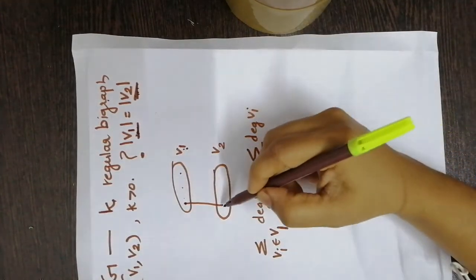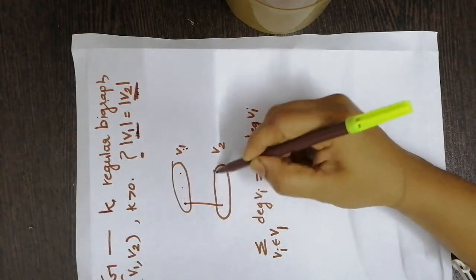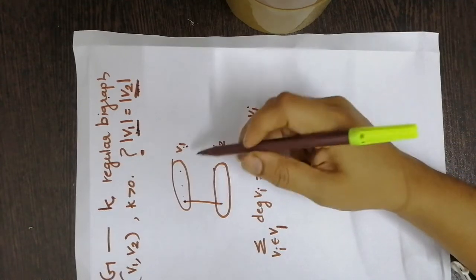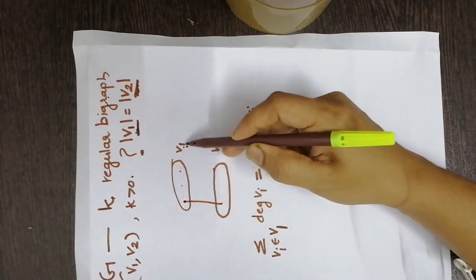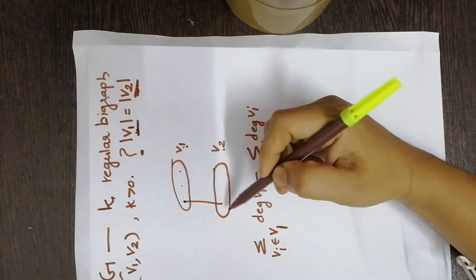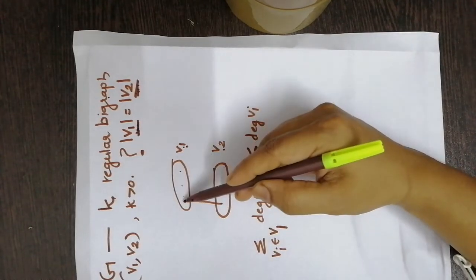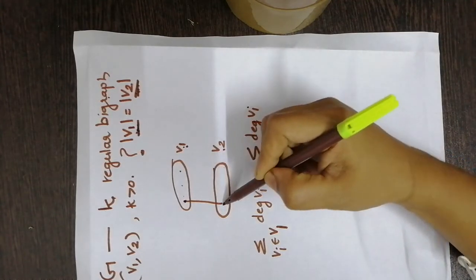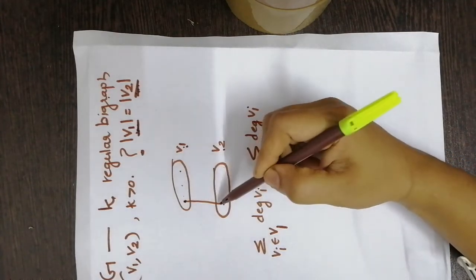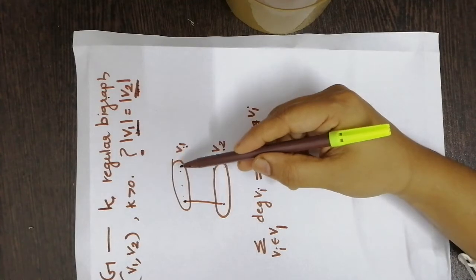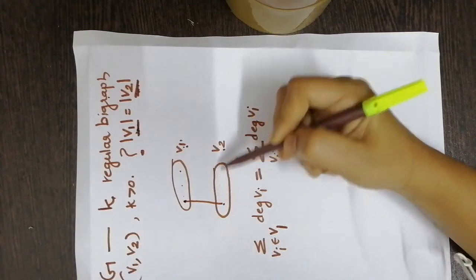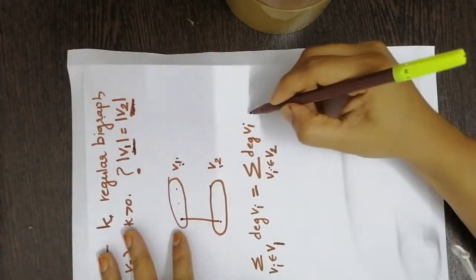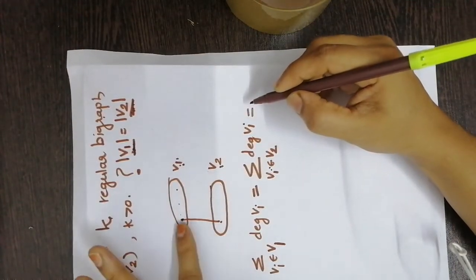The total degree of vertices in V2 is the same as the total degree of vertices in V1, because for any edge, one endpoint is in V1 and one endpoint is in V2. So each edge contributes degree 1 to V1 and degree 1 to V2. So these are the same, and this total must be equal to the number of edges.